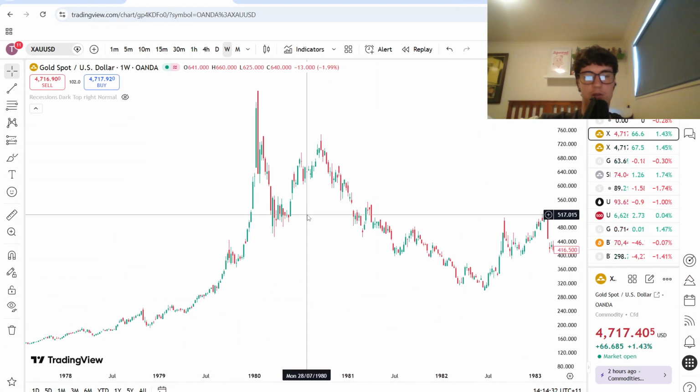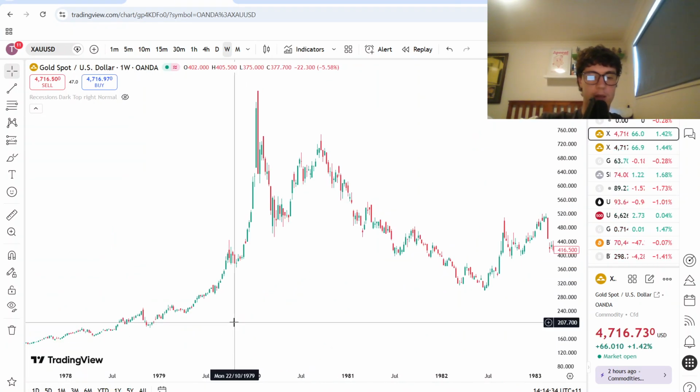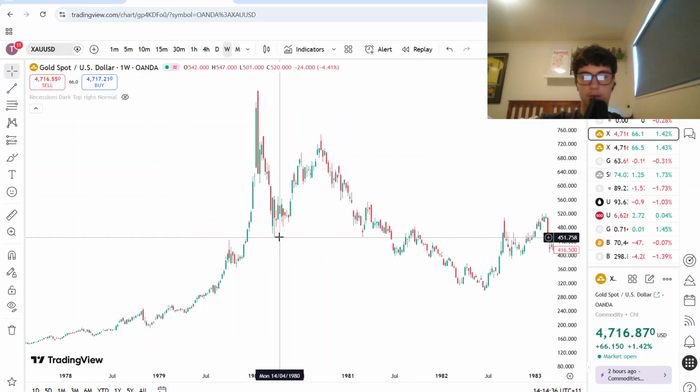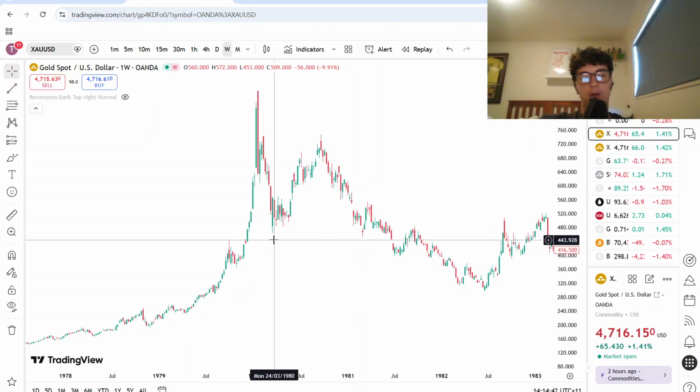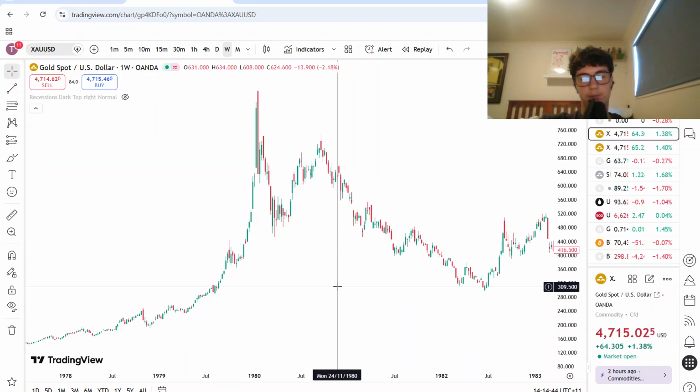Now, something else very interesting I thought I'd show you on the gold chart. Here I've got gold's price movements in 1979, 1980, 1981. Now, 1979 was the Iranian revolution, the Iran War.